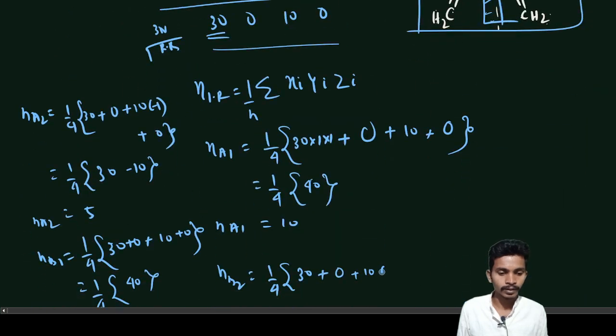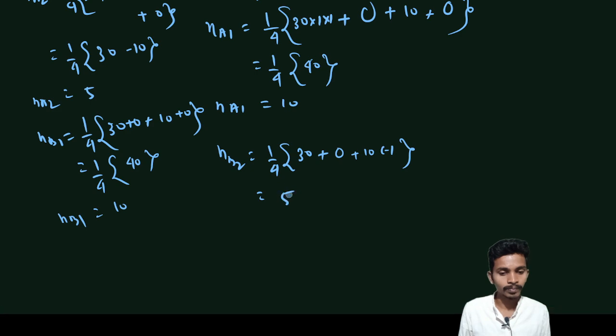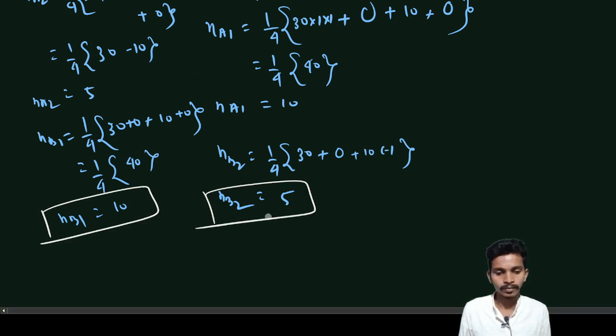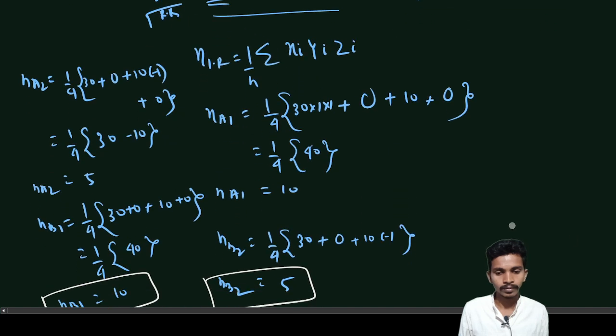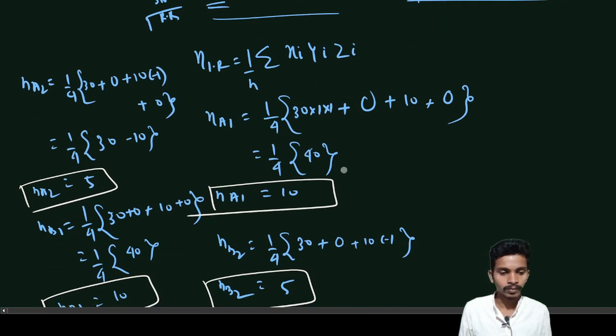So here again a -1 value has come. So this value is again -10, again is going to get 5. So NB2 is again 5. These are the characters we get. So what are the characters we get?